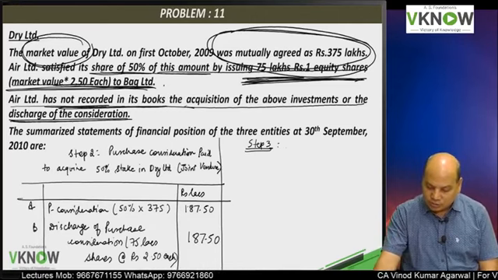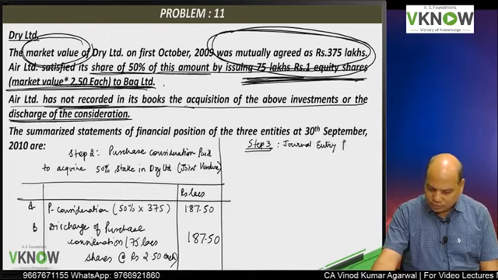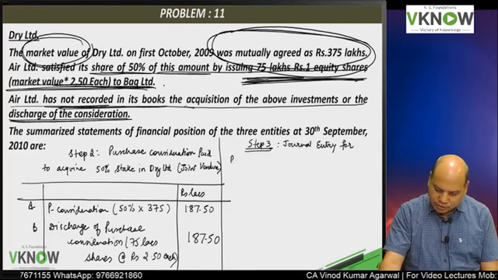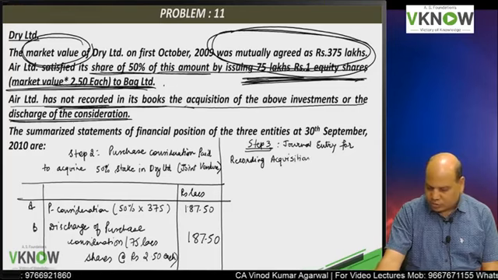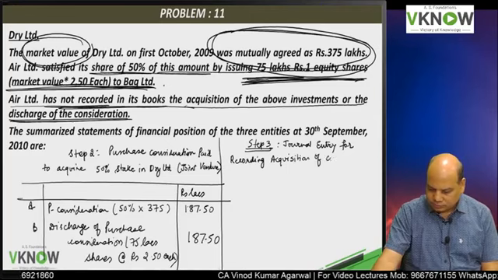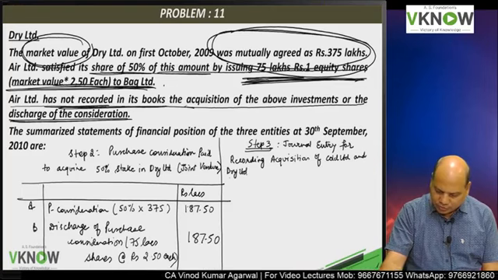So step 3, write down journal entry for recording acquisition of Cold Limited and Dry Limited.